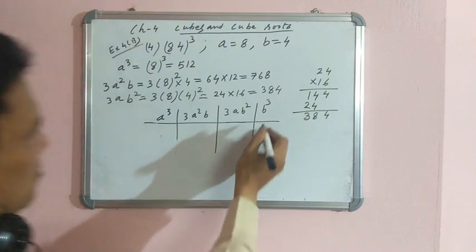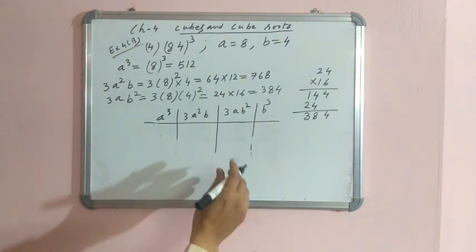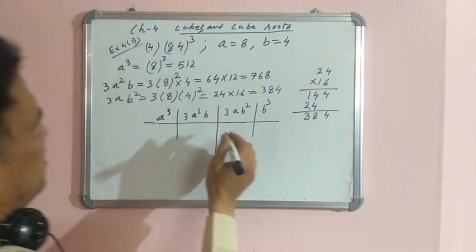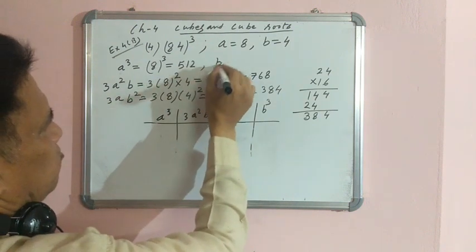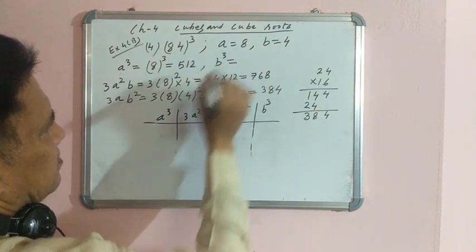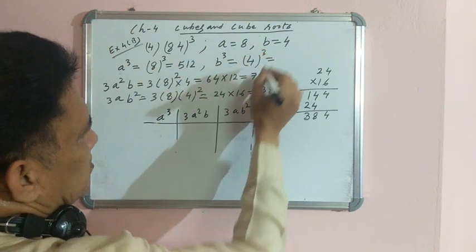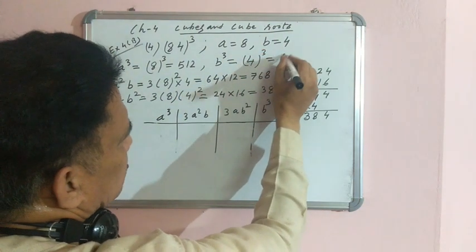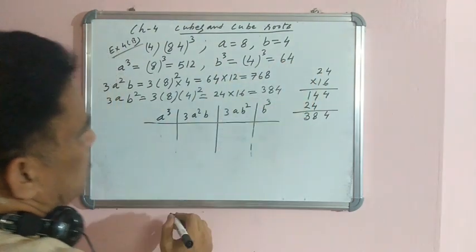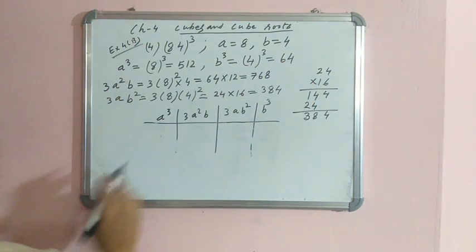And now one more left, that is b cube is left here. So calculate anywhere. B cube, that is equal to 4 cube, that is equal to 64. So we will write here the values.